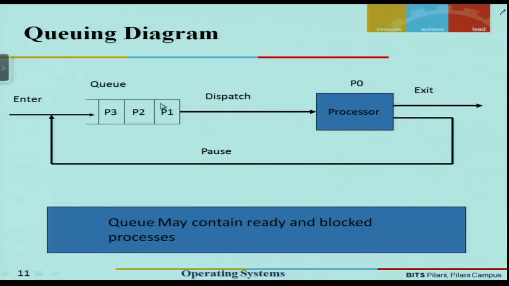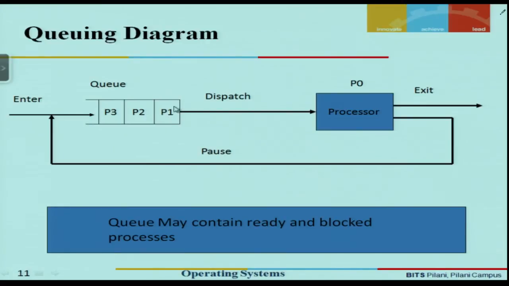So, in such a scenario, when the queue is going to have two different types of processes, the responsibility of a dispatcher would be to linearly search the queue and find out the process which is ready to execute. Let us assume that the P1 process is the one which is blocked.